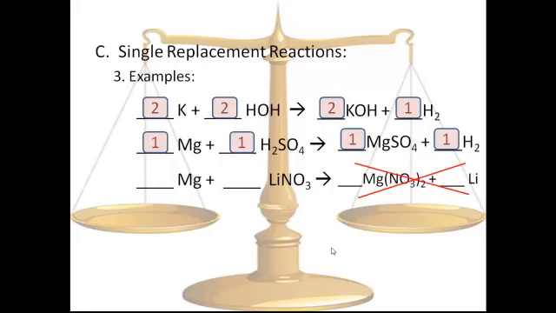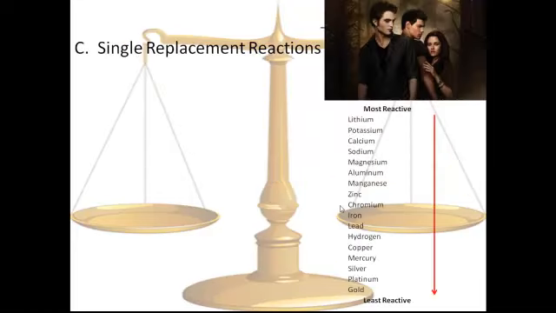Actually, tricky question. This reaction is actually not going to even exist. So this is something tricky that we'll talk about in the next slide. In order to decide whether or not a reaction is going to take place, we've got this little chart that tells us how reactive different metals are.